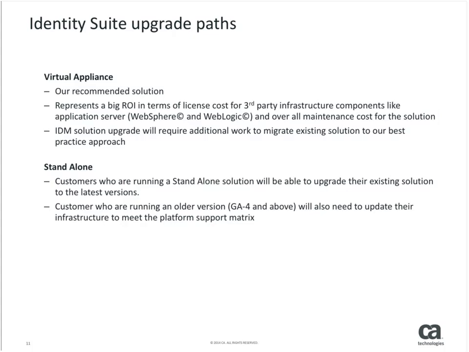So that's the end of service, upgrade, and support fix strategies. When we talk about upgrade paths, we have two options for customers who want to move into the 14 branch. First of all, we have the virtual appliance, and I don't know if anyone had a chance to look at our documentation and presentation. The virtual appliance is probably one of the best things I ever saw in the field, as a services guy.